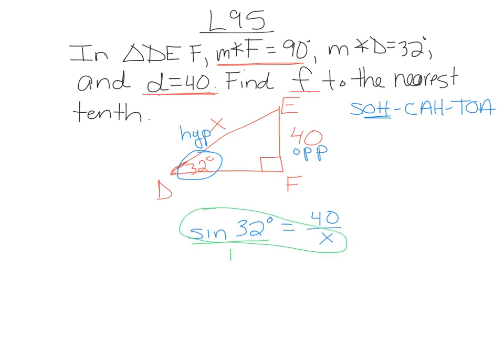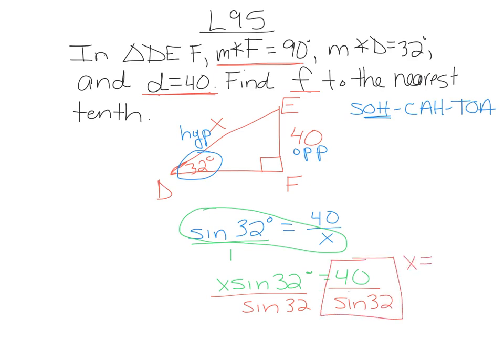So I get x sine 32 equals 40. And then to solve for x, I would divide by the sine of 32. If I type this in my calculator, making sure that I am in degree mode, I would end up with 72.5 to the nearest tenth for that side. So you can try that and make sure that works.